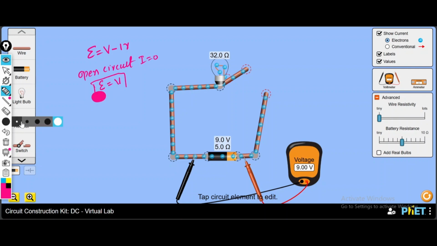So the electromotive force, the internal electromotive force in this case, is 9 volt, and the potential difference I measure through this voltmeter is 9 volt. So in this case, V and this electromotive force are the same, and it satisfies this condition.